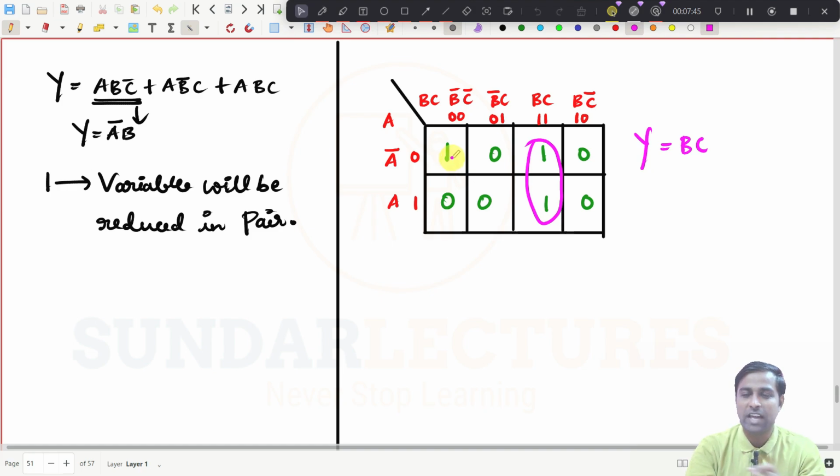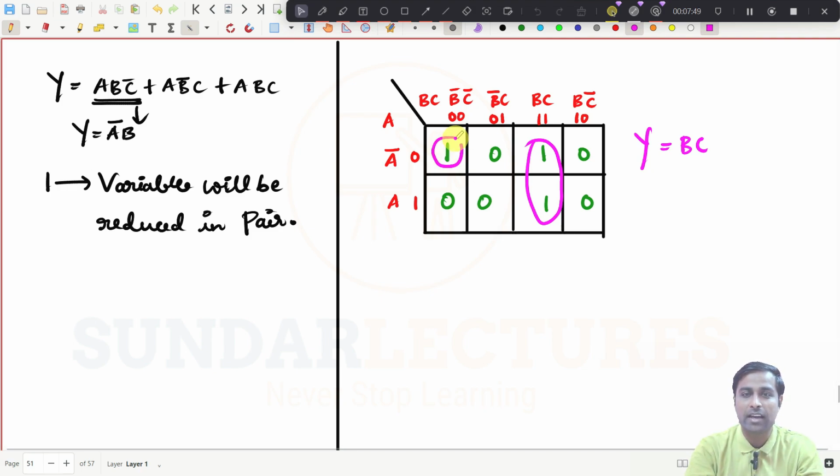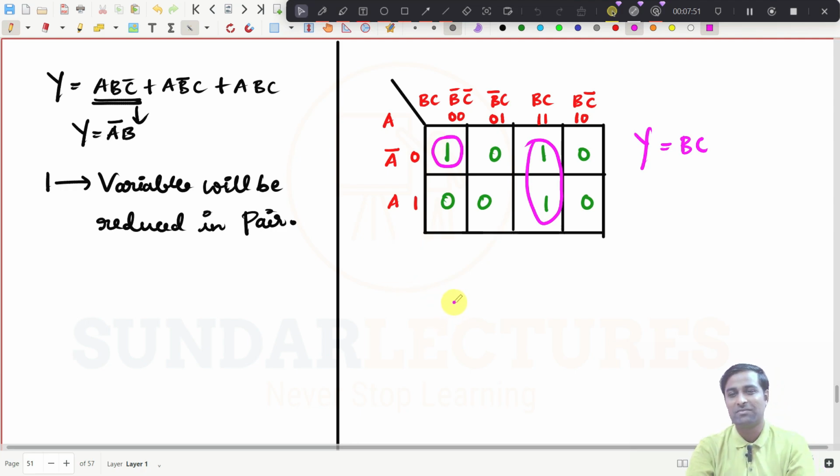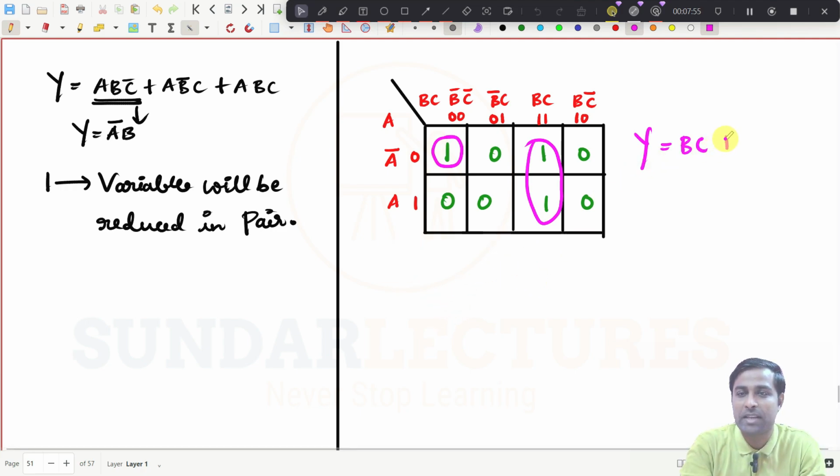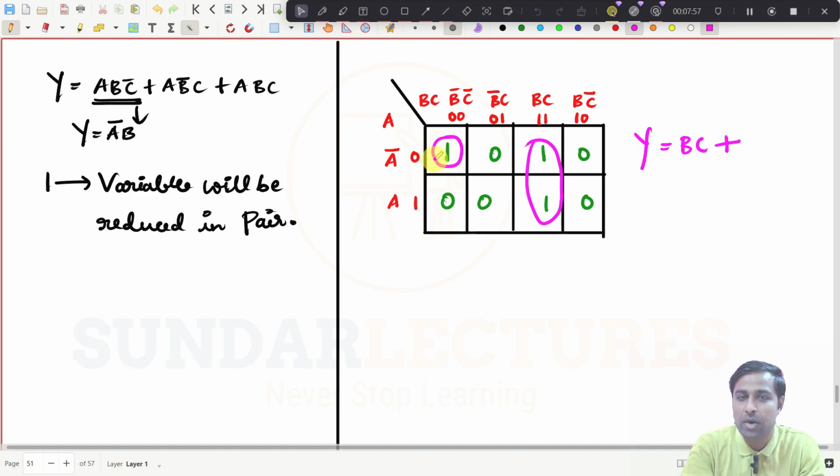So if there is no possibility of pair, then you have to take this one as a separate term. And how will you write the expression? Put plus now. What is the variable here? It is A bar. And what is the variable here?